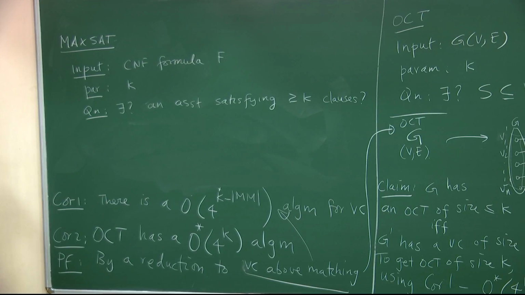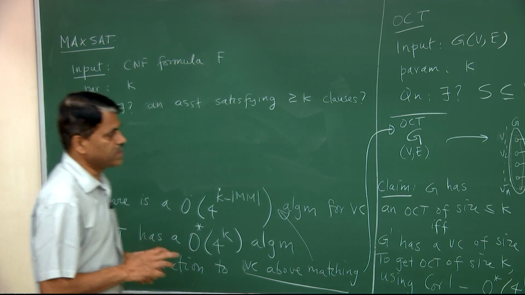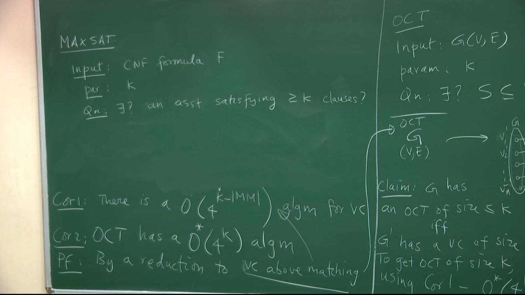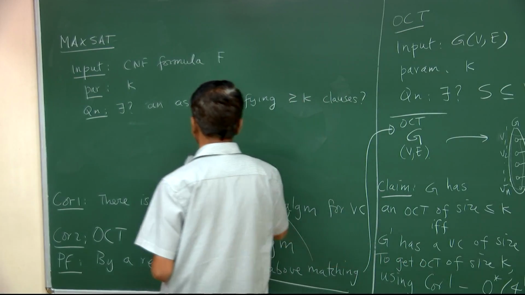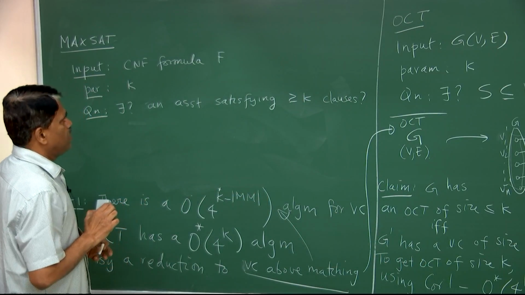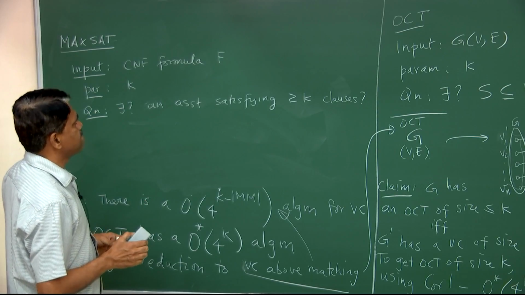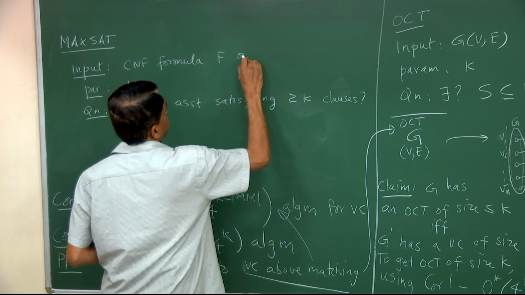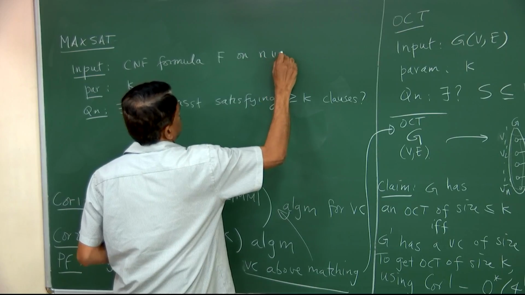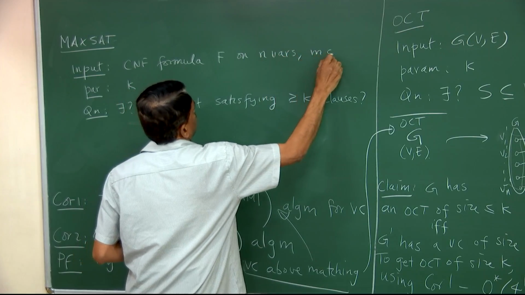Now, I can formulate the problem slightly differently as follows. So, we will parameterize from the other end. We have n variables and m clauses.